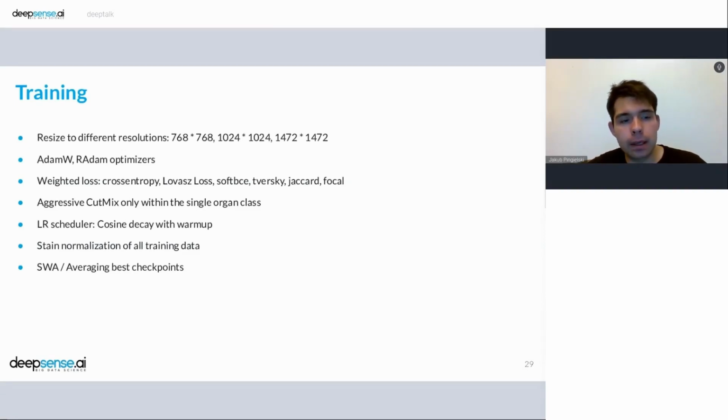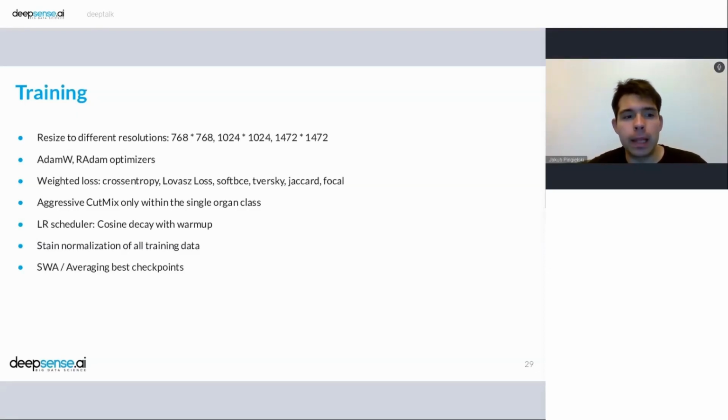Some teams tried an augmentation called CutMix, which is basically cutting a part of one image and pasting it to another, and they claimed it improved their performance. Regarding learning rate schedulers, cosine decay with warm-up was quite popular. Some teams tried stain normalization, but in a different way than mine.